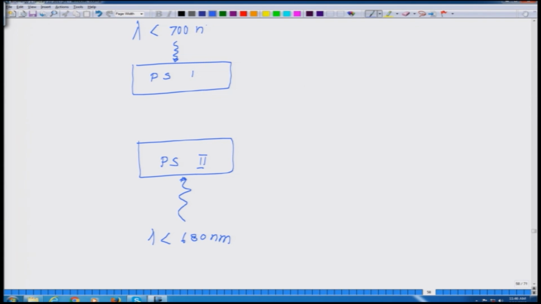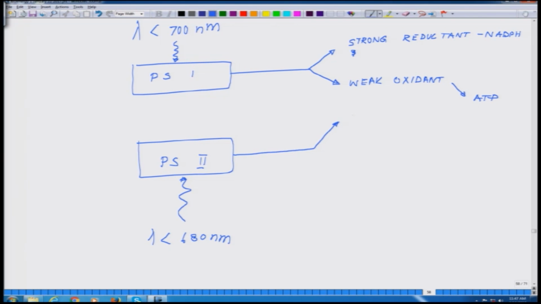What is generated out here is a strong reductant in the form of NADPH, and a weak oxidant in the form of ATP, whereas in photosystem 2 you have a weak reductant in the form of ATP again, whereas there is a strong oxidant in the form of oxygen.